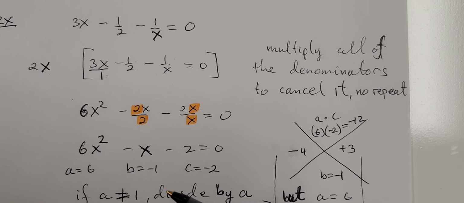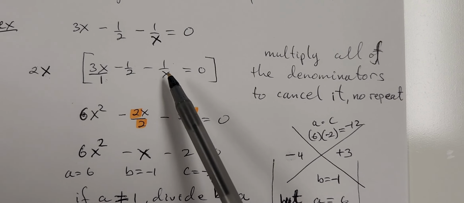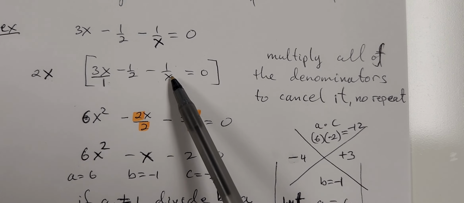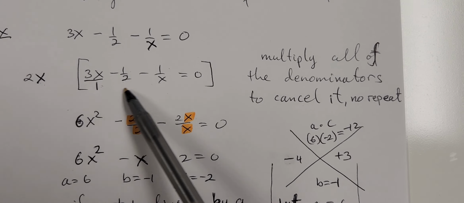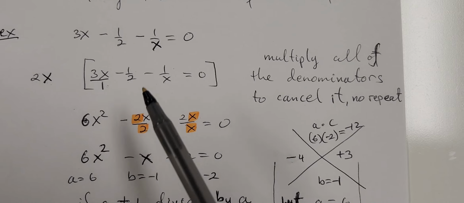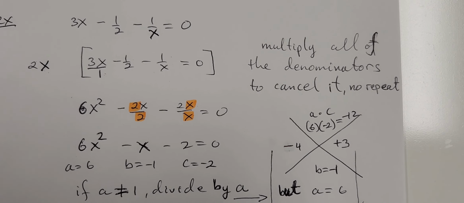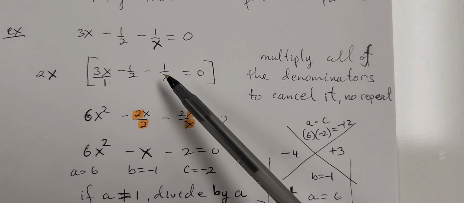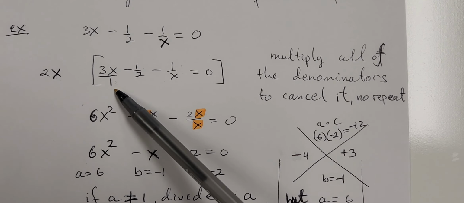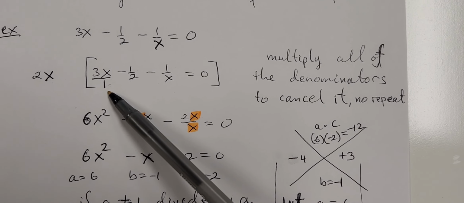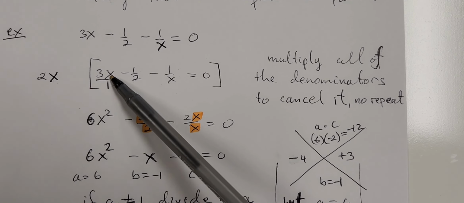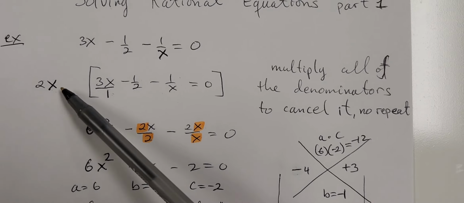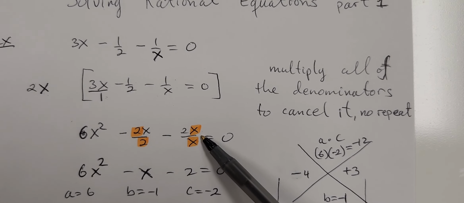Again, our objective is to get rid of these denominators, so we multiply by them so that we can cancel them. I'm using 2, I'm using x, and 1 is just 1. 2x times 3x gives me 6x squared. 2x times 1 is 2x. 2x times 1 is also 2x.